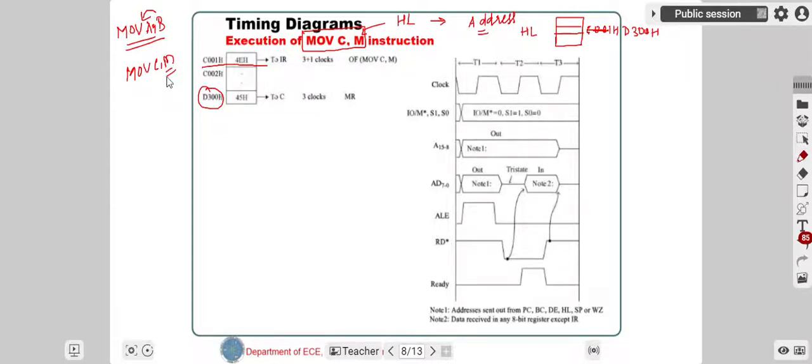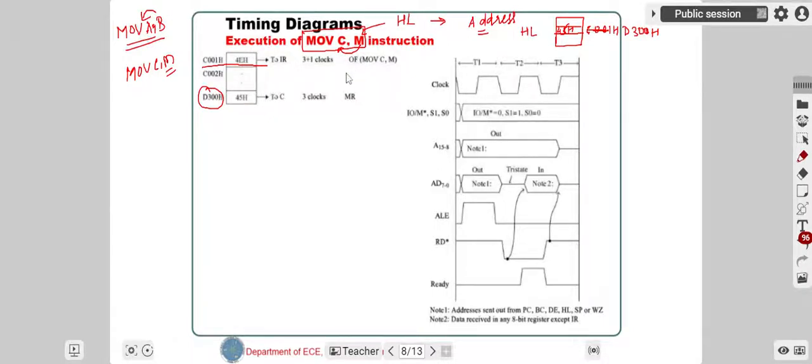This M would indicate some memory location, and let us suppose that memory location is D300H for the time being, and on this memory location 45H data has been stored. So this instruction, after execution, the contents of this HL register pair address would be copied into the C register.